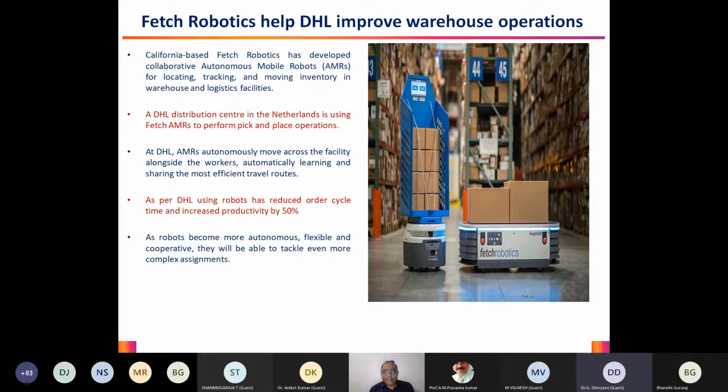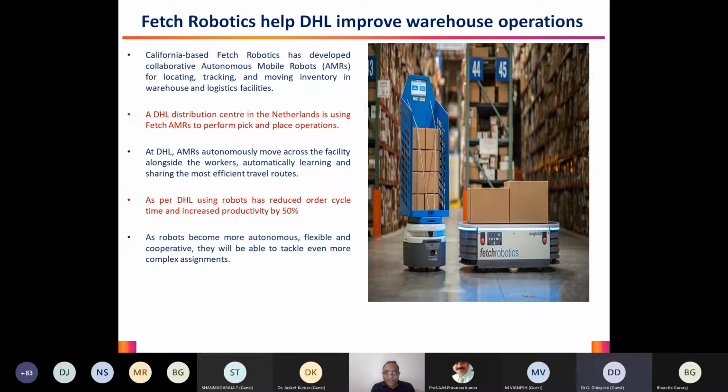These are robots basically used to locate, track and move inventory in warehouse and logistics facilities. DHL has employed such robots, and in their warehouses these robots move along with the human beings, the workers of DHL. Whatever the employees of DHL are doing in this particular warehouse, the robots try to mimic them.